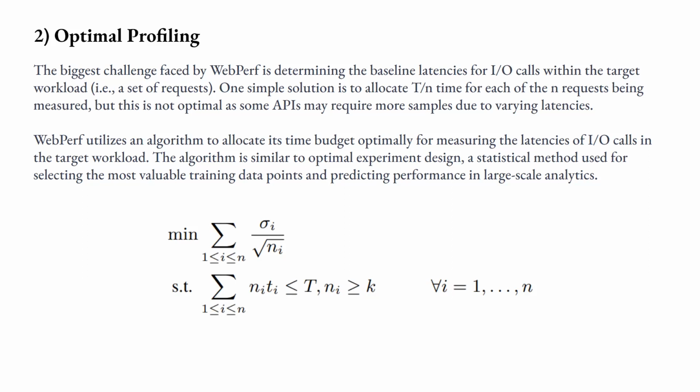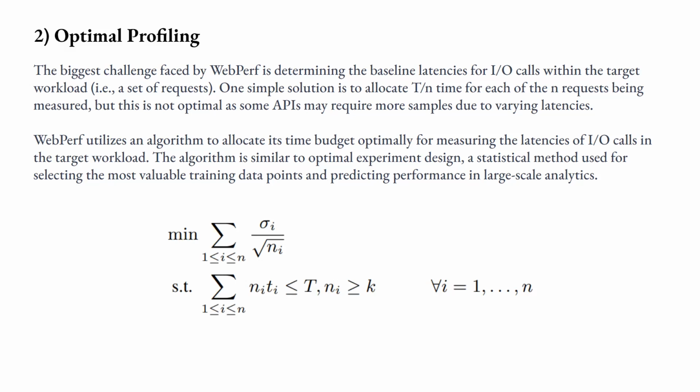This algorithm is similar to optimal experiment design, a statistical method for selecting the most valuable training data points and predicting performance in large-scale analytics. It works by selecting a subset of requests from the workload and allocating time to them with expected latency distribution.